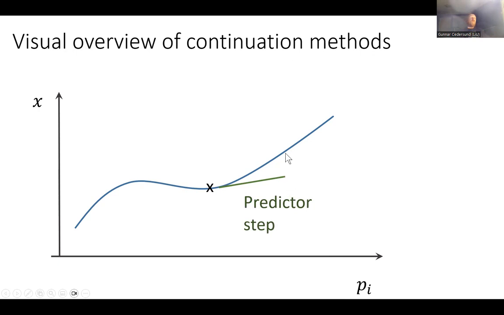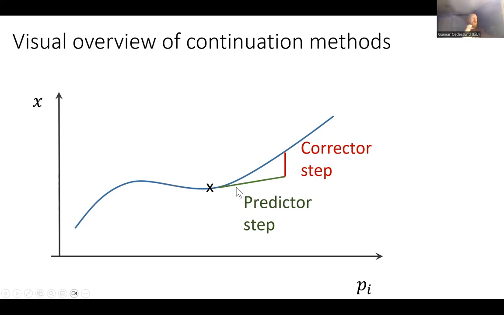And then you know that it's a fixed point, so you know that f(x) at this new place, for this new parameter, should be 0. So you want to find the state that is a fixed point for this new value of the parameter. And this you can solve using Newton-Raphson or some local solver. And this is called the corrector step.